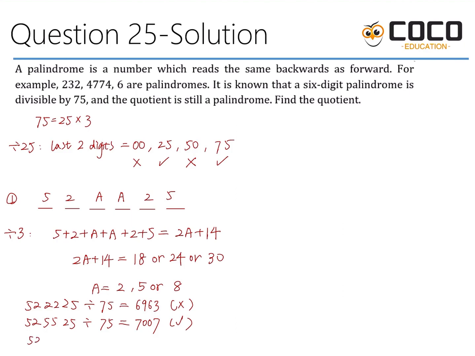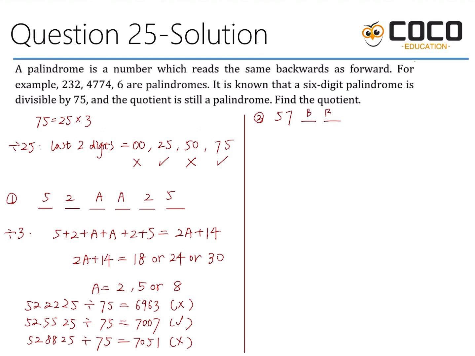Then let's check the others, to see if there are multiple answers. So 528825 divided by 75 is 7051, so this is wrong. And for the second case, if it's ending with 75, so this is 57.